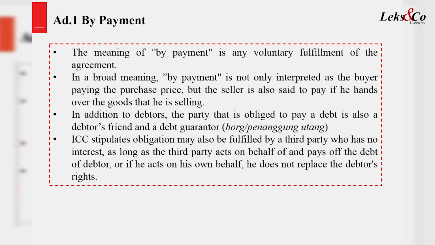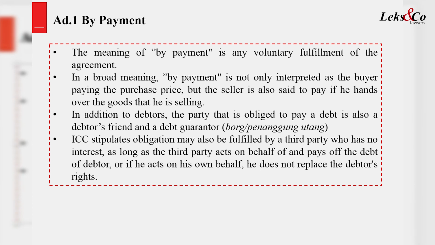So we are talking about termination of obligation, right? So the obligation is terminated because you pay. Now, when you are regarded to have paid, it means in principle that you have performed your obligation, right? So what is your obligation?